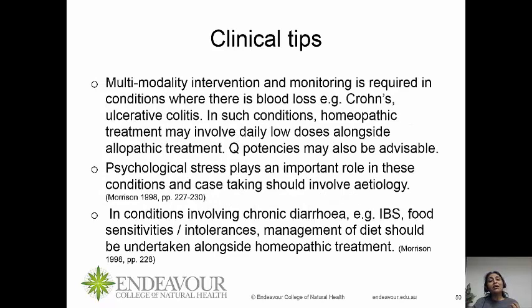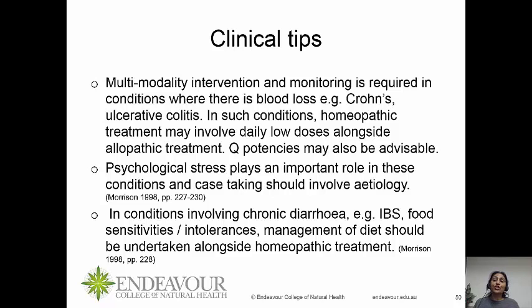Now, in more serious conditions like Crohn's disease and ulcerative colitis, it's preferable to have more than one health professional helping that patient. So a multimodality approach is preferred.